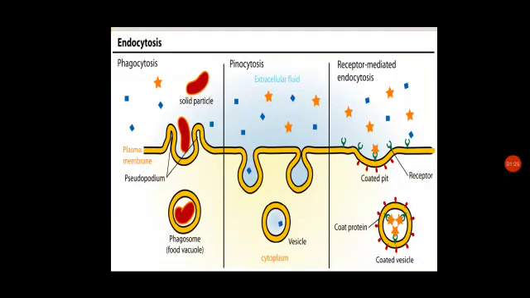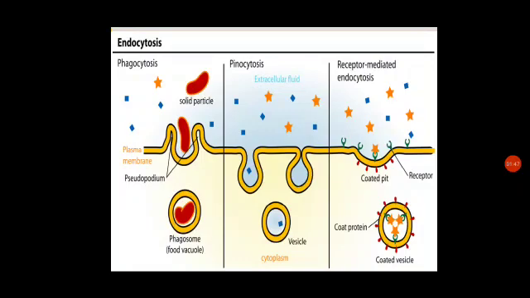Here you can see the process of endocytosis. These are the enfoldings of the cell membrane or plasma membrane. When solid particles come near the cell membrane, the cell folding forms and it engulfs the material inside the cell membrane. Then it comes inside the cell.